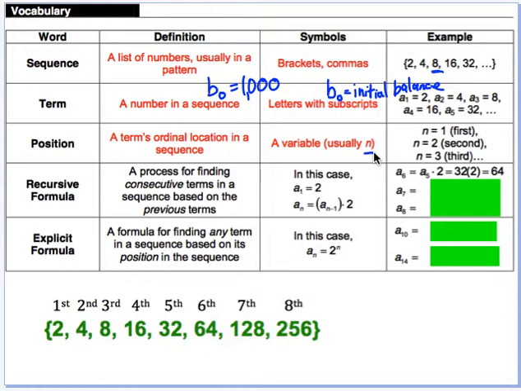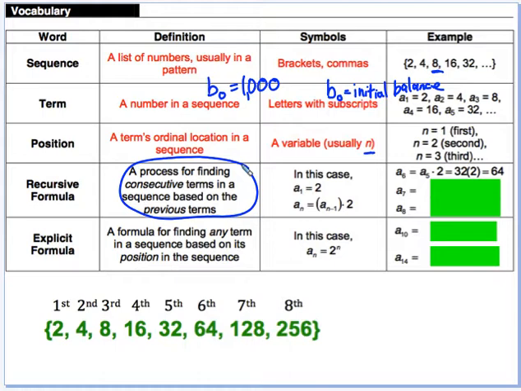Now, recursive, which we talked about last week, is a process of finding consecutive terms in a sequence based on a previous term. When we were paying off a credit card bill, we needed to know the previous month's term before we could know this term, or the next term.